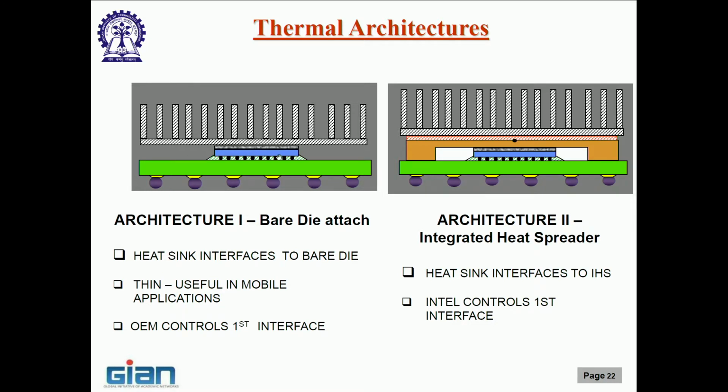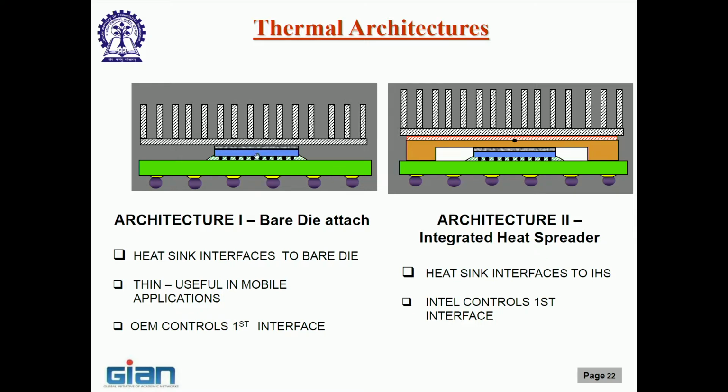Why bare die? If I look at it, this is a silicon which is in blue, probably BGA attached to the substrate with an underfill epoxy, as you can see over here between the solder balls. Then this is your organic substrate, and then again a ball grid array, and these balls will be bonded to the corresponding pads in the motherboard.